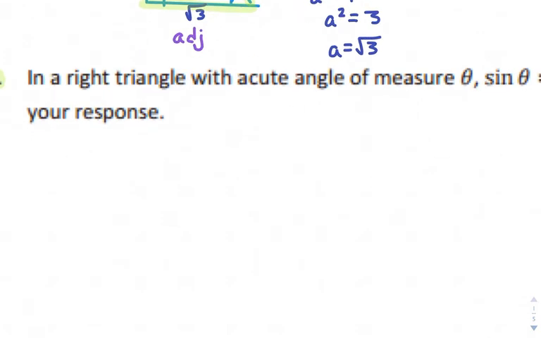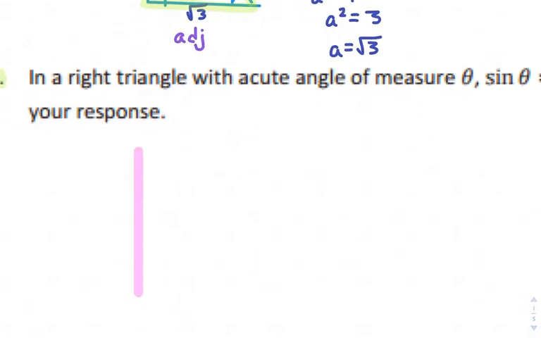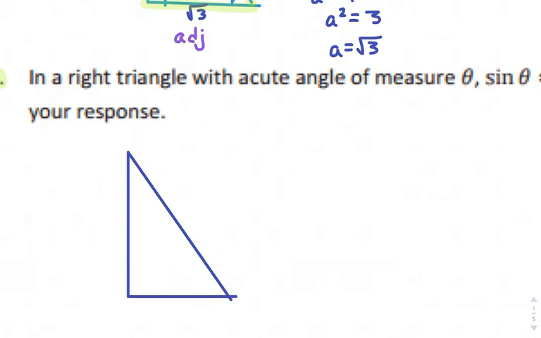So again, I'm going to draw a right triangle. Sine is opposite over hypotenuse. So let's say I'm talking about this angle. This is my x or my theta, remember?